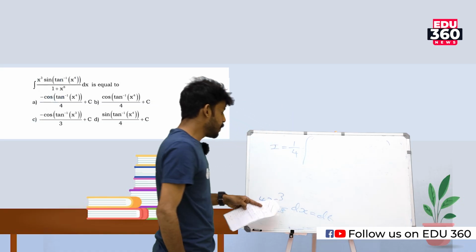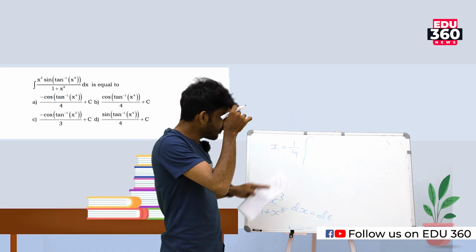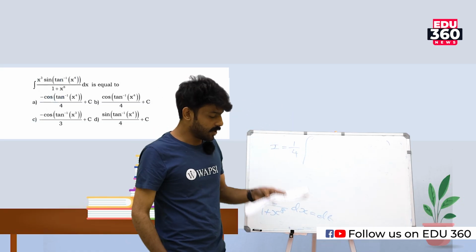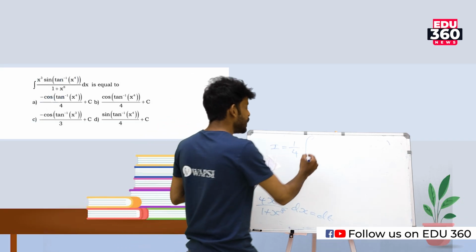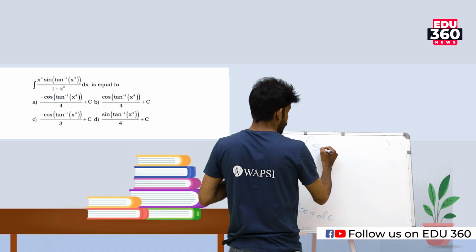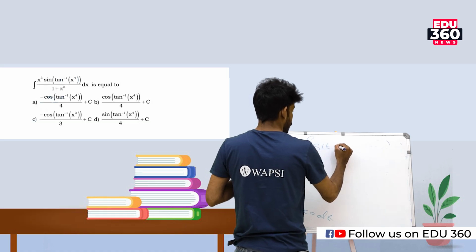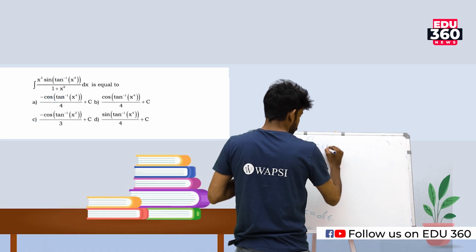In order to balance this, we can add 1 by 4 here. So 1 by 4 into the integral of sin t dt.